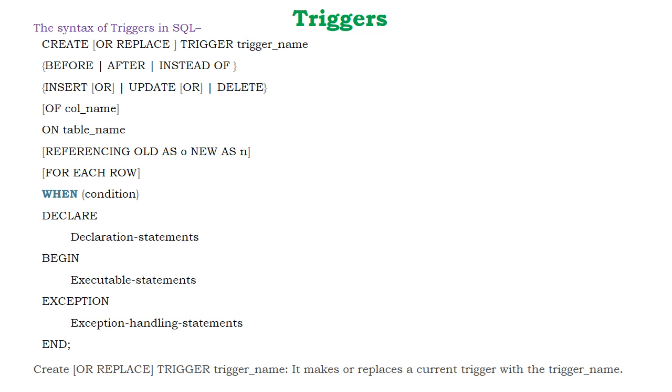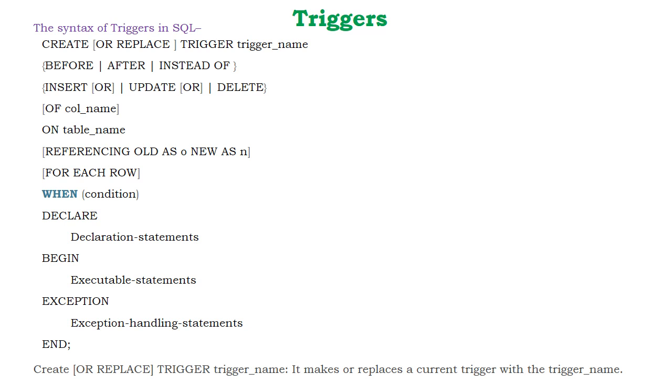The syntax of trigger. Create or replace trigger and mention the trigger name, that is the user defined name. And mention before, after, or instead of. In the next line, mention the action: insert, update or delete. It means when you are going to take action.